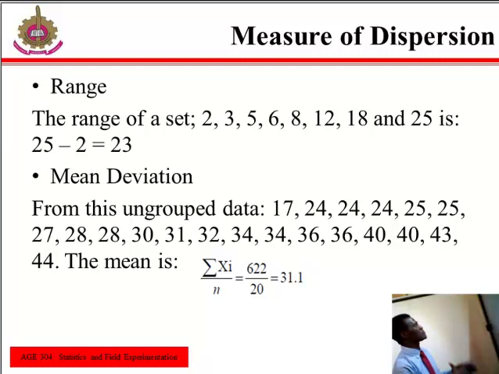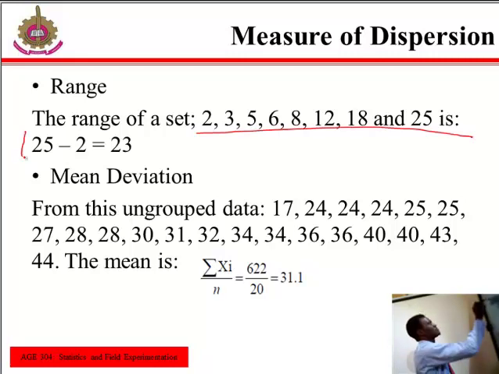Now, let's look at this simple example of calculating the range on the board. The range of a set of numbers is given as 25 minus 2.